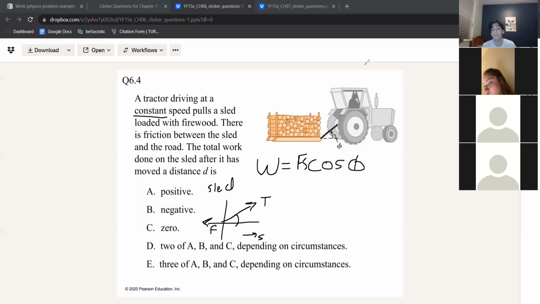According to the slides, when the force is perpendicular to the direction of the displacement, the force does no work on the object. So if it's being pulled up and the displacement is to the right or left, basically perpendicular. Oh, that's what perpendicular is. Okay.